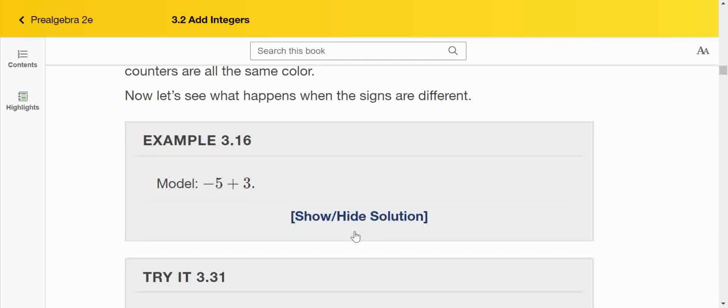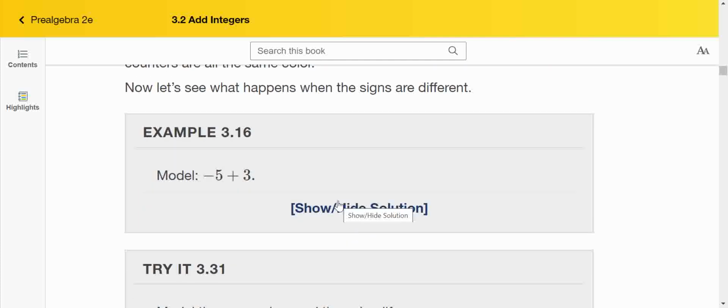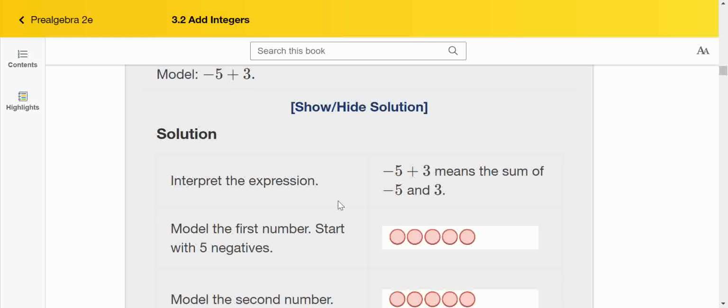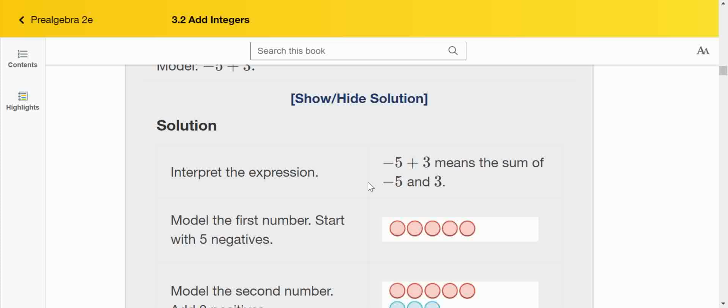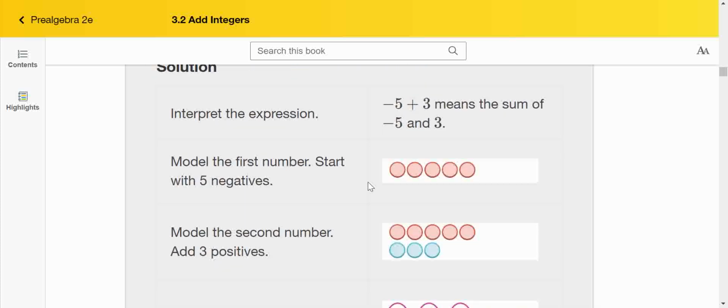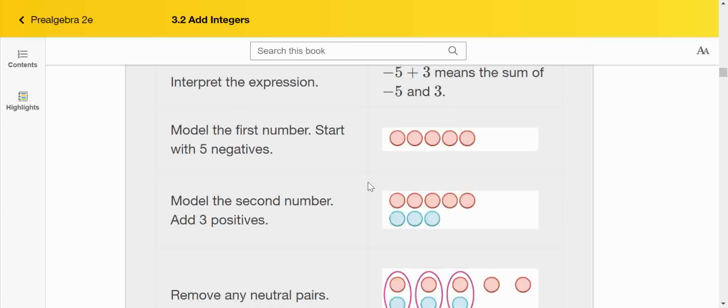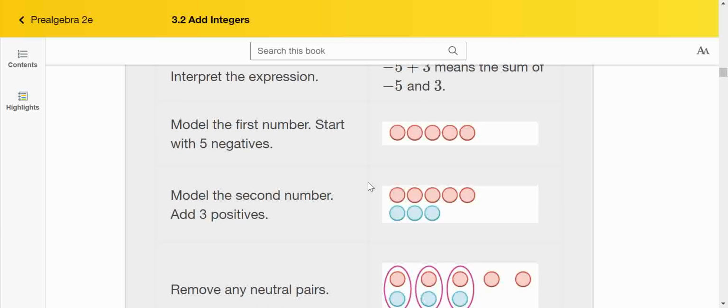Example 3.16, model -5 plus 3. Interpret the expression. -5 plus 3 means the sum of -5 and 3. We model the first number. Start with 5 negatives. And we were modeling this with 5 red circles. And now we model the second number.